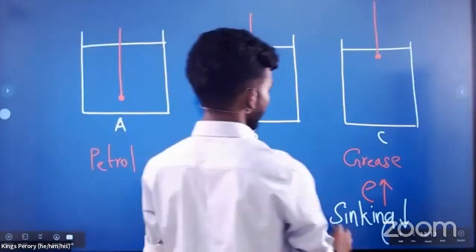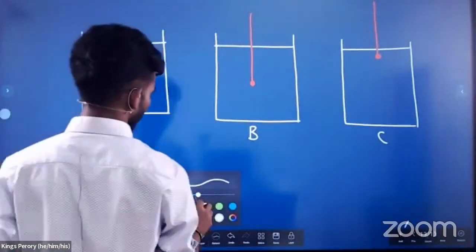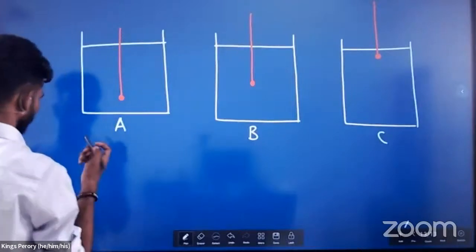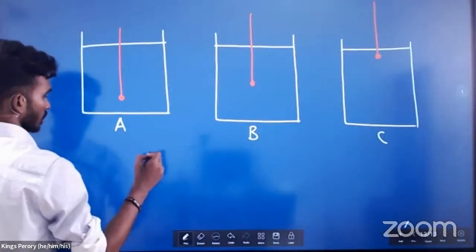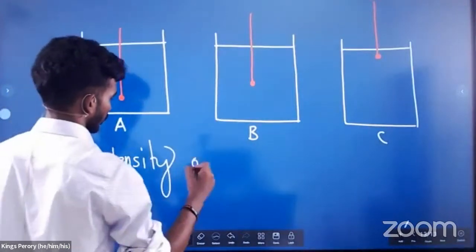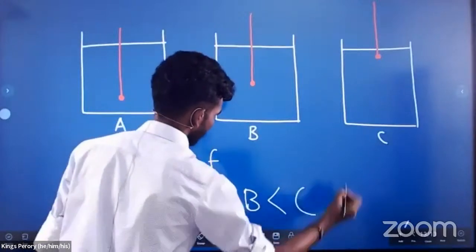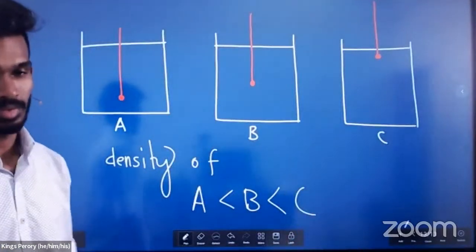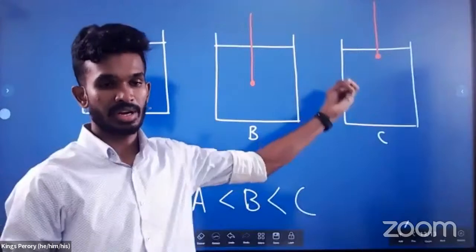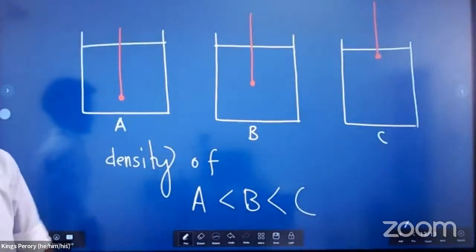So if I write it and keep, density of A is less than B, B is less than C. C has the highest density. When density is high, sinking is less. When density is less, sinking is high.